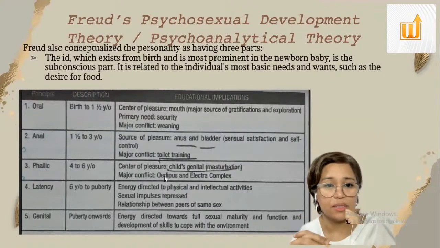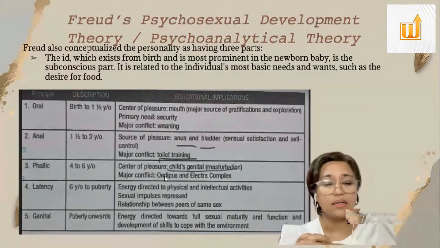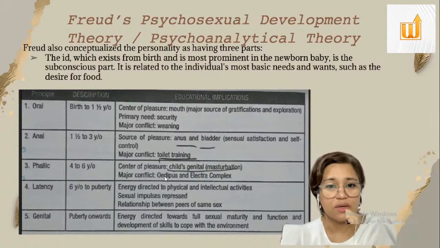So we look at the different stages, such as the stage of the oral, and the stage of the anal, the stage of phallic, and the stage of latency, and genital stage.